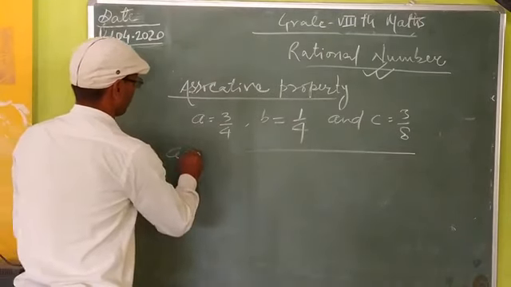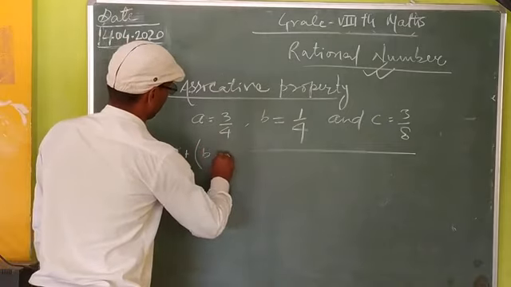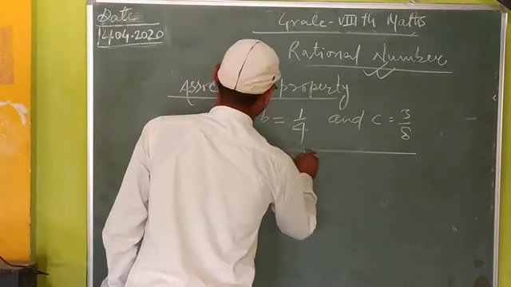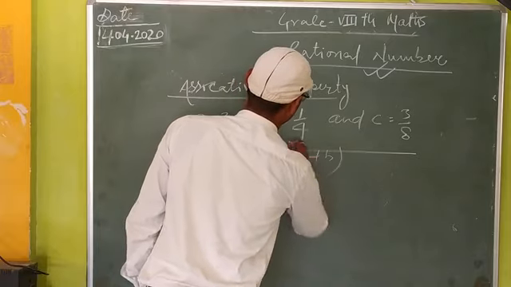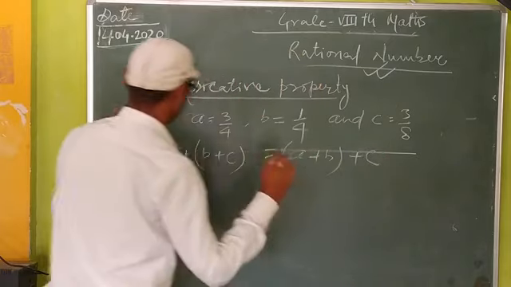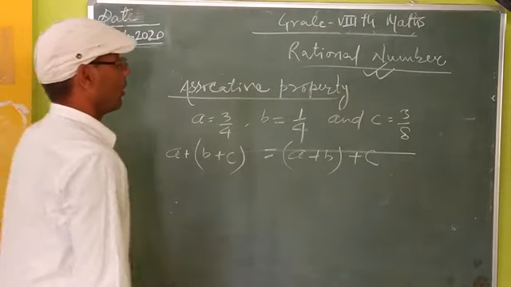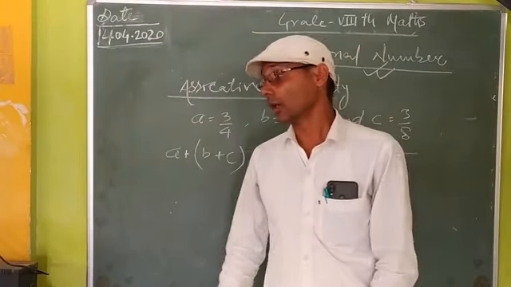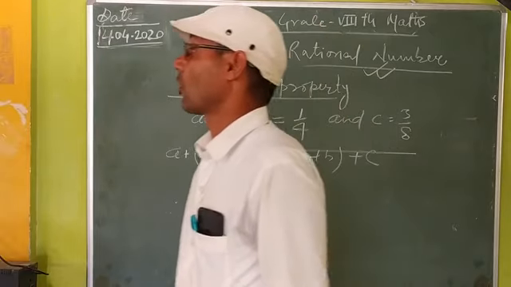If A plus B plus C gives the same result for the three rational numbers when the grouping is changed or not.